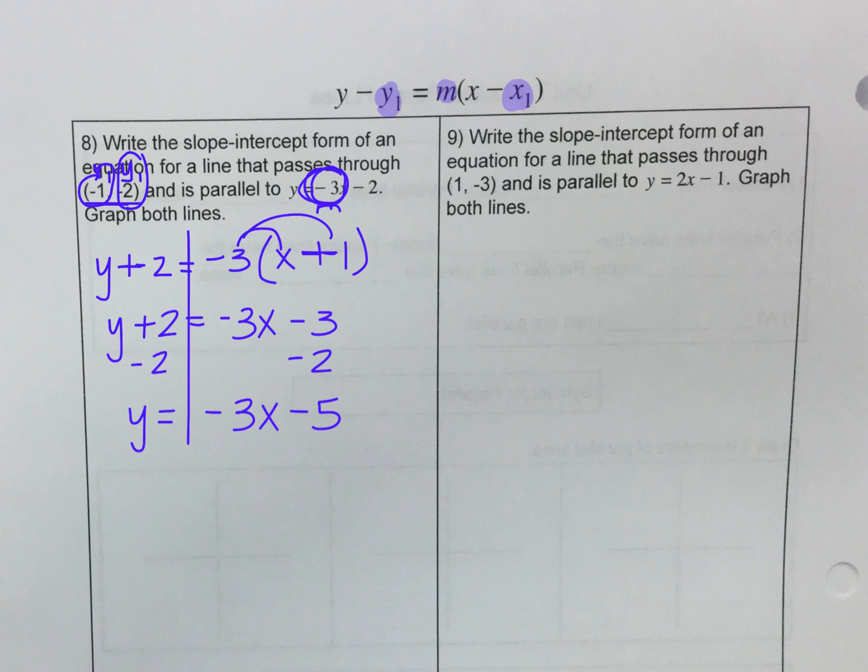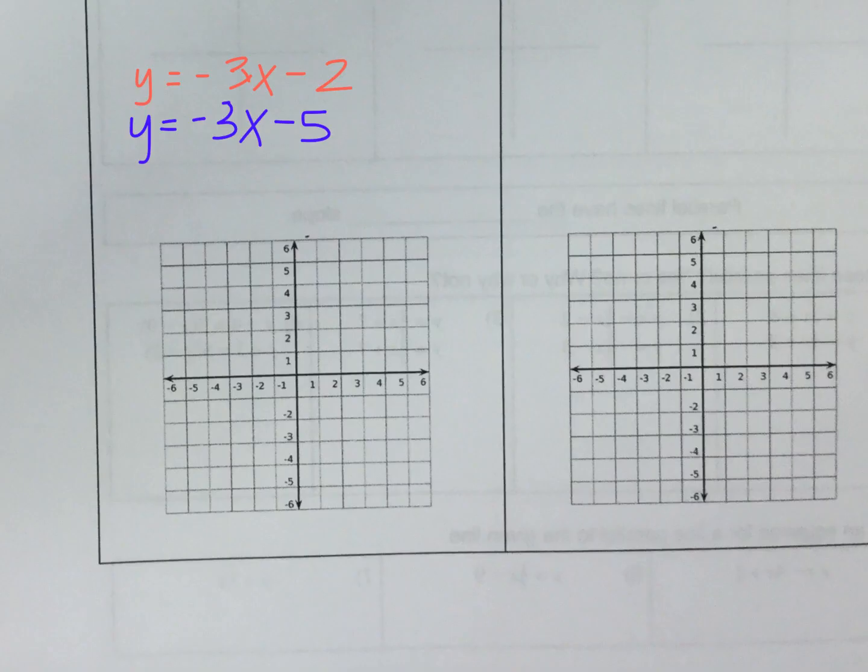So now we're going to go graph it. We're going to graph our y equals negative 3x minus 5 that we just wrote, and we're going to graph the original one, y equals negative 3x minus 2, and they should be parallel. So when I graph this first one, it starts at negative 2, and then it's a negative 3 over 1.